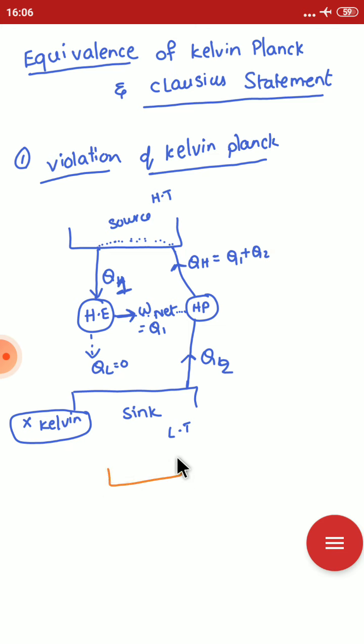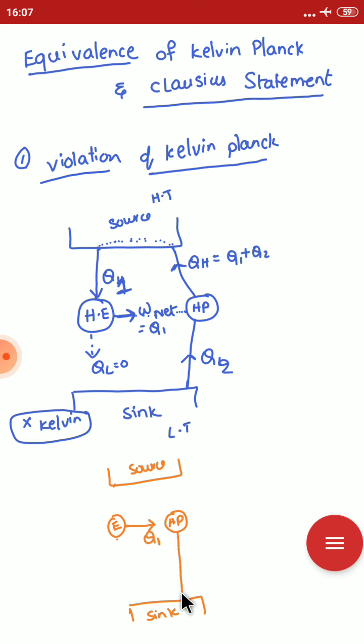This is a source. I am redrawing this figure, with a sink. This is the heat engine. It is giving Q1 amount of heat, which helps to run a heat pump.